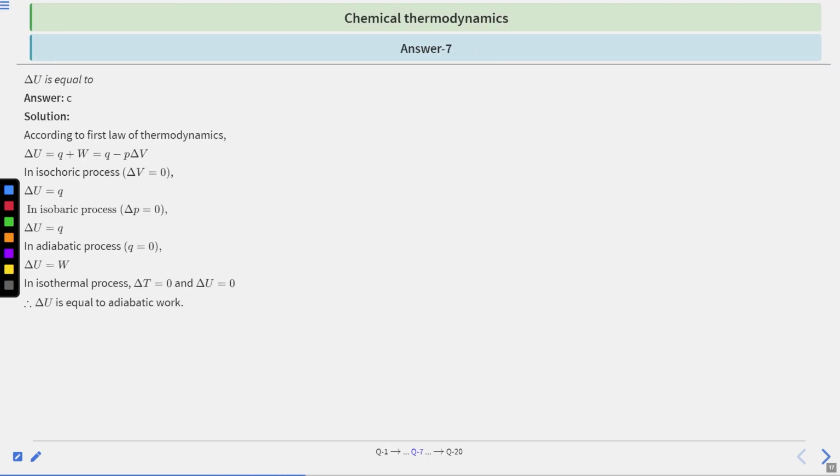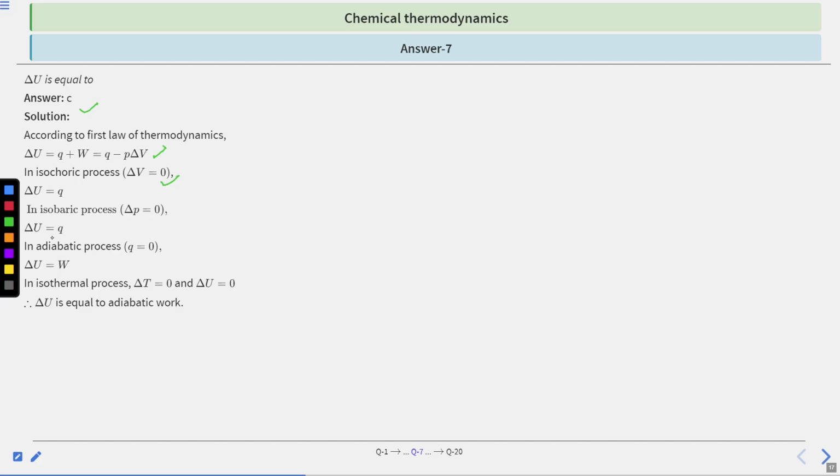Okay, so the correct answer is option C. So we know that according to the first law of thermodynamics, change in the internal energy is equal to the sum of work done and heat. And work done can also be written as minus P del V. So in the isochoric process, change in the volume is 0. So del U will become equal to Q. In isobaric process, del P equals 0.